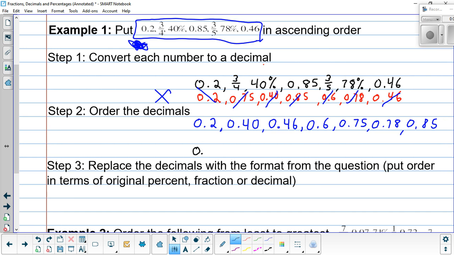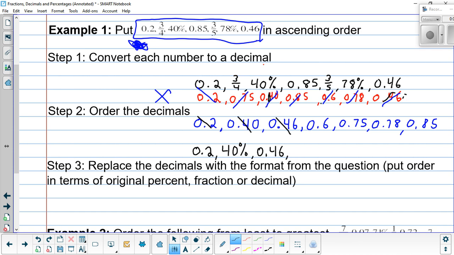So here we have 0.2. That's our starting. So I'm just going to do the same thing, cross out as I go. 0.4, well, that was here, and we can look up, that was 40%. Next one was 0.46. Where was 0.46? It was on the end here, so it was 0.46 to begin with. Next was 0.6.